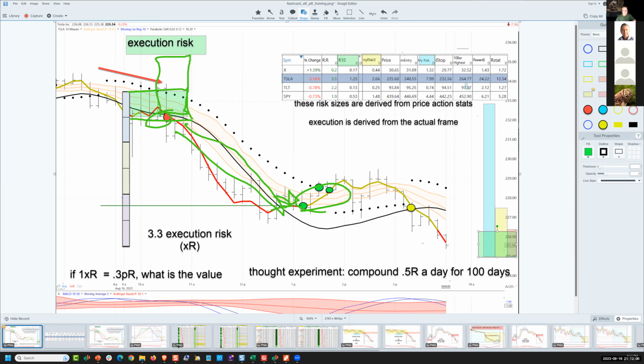Son, what if you're done for the day? What I want you to think about is this idea. If I simply decided to assign a value of 0.3 position sizing risk to the execution risk, then that means I'm using about $3 of risk, because I could come over here and measure that out.